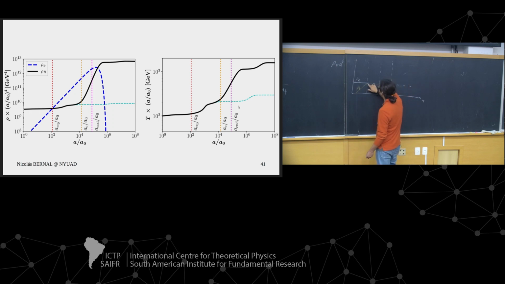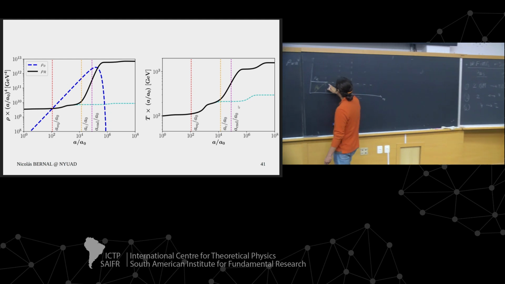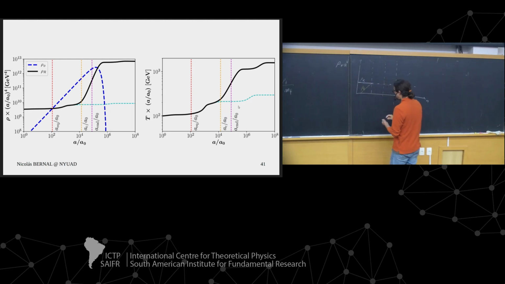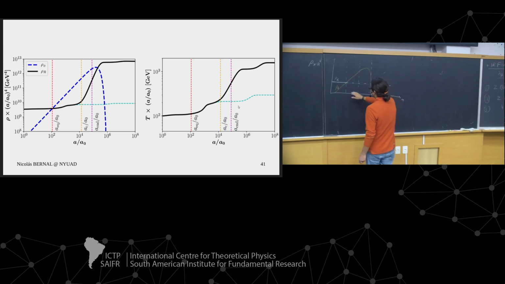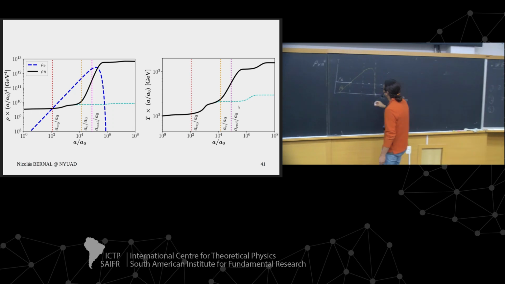At some point you will get an equality between the two energy densities. It will be something like this. It always scales like 1 over a cubed, and at some point it decays. This guy will continue like this. It will increase, and then like this.